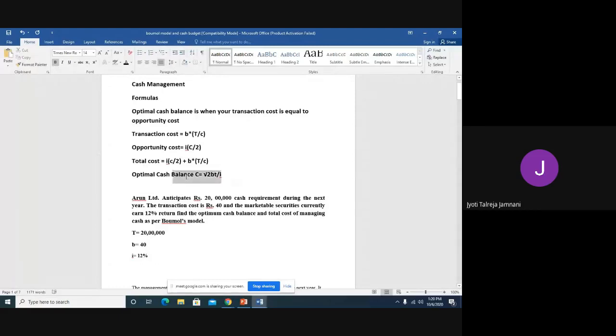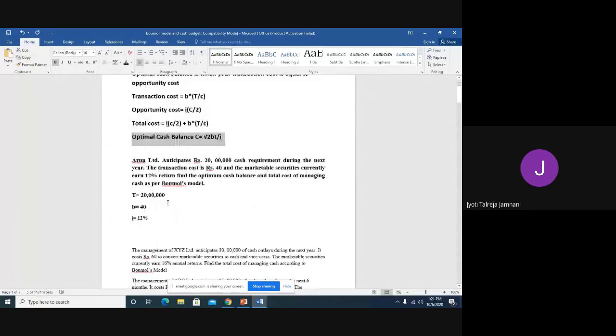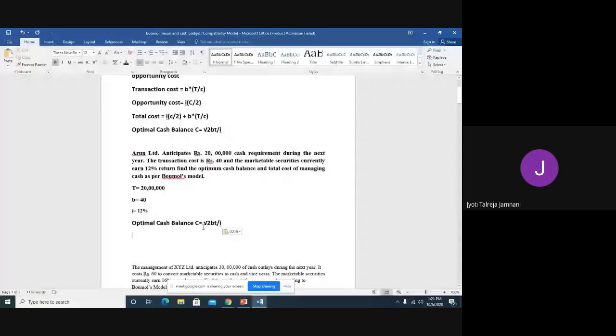So for the optimum cash balance, this is the formula that we will use. C is equal to square root of 2BT divided by I. So C is equal to, we need the square root sign. Just a second.